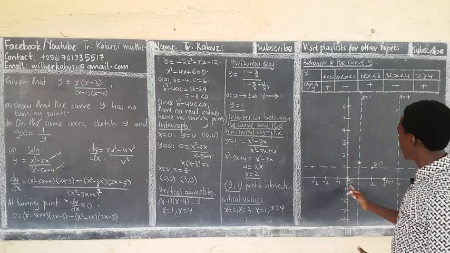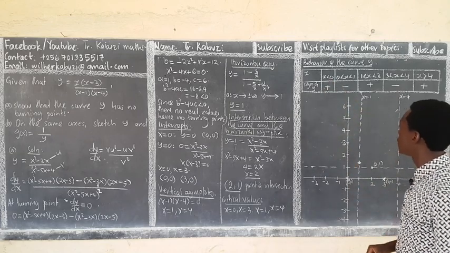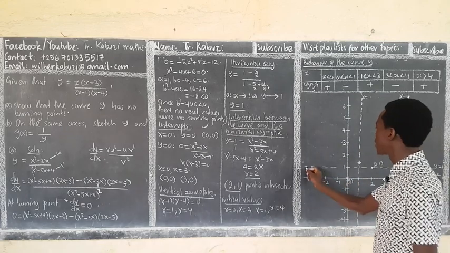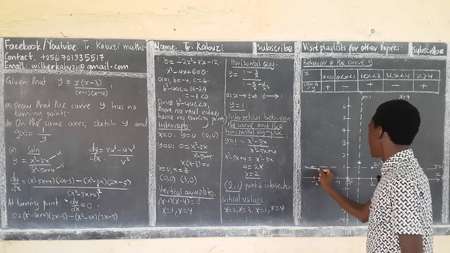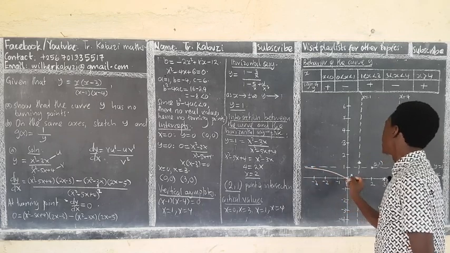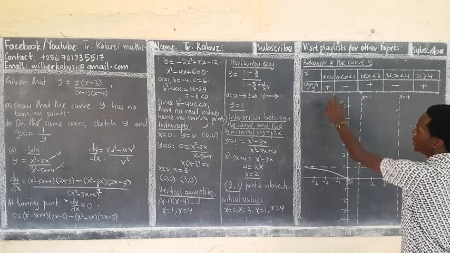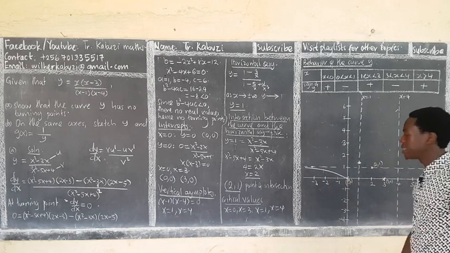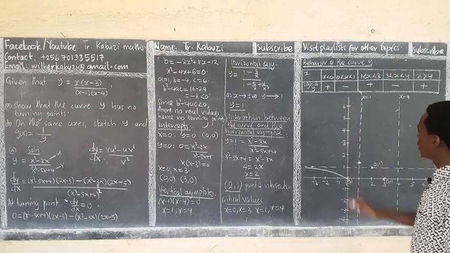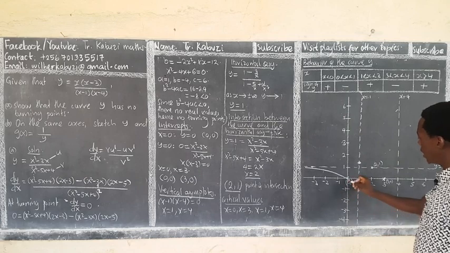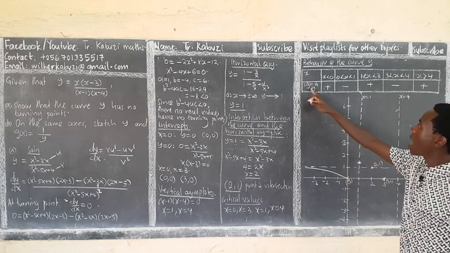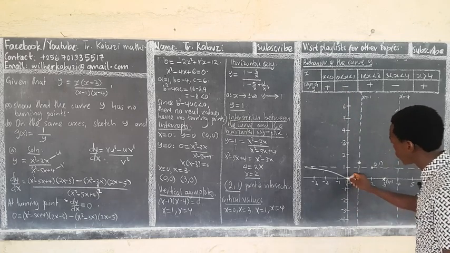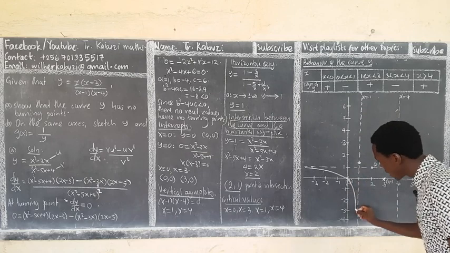Because we have an asymptote here and an intercept, this curve grazes that asymptote, then it touches the intercept there. Then between 0 and 1, it's in the negative. Where do we find negative values of y? Below the x-axis.